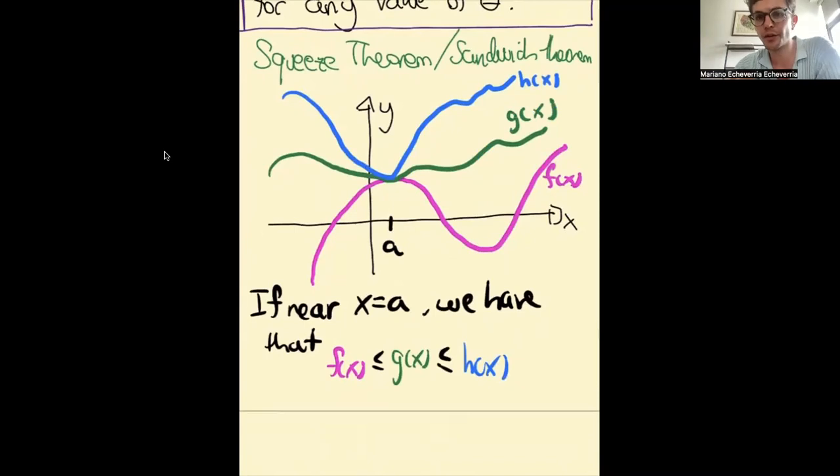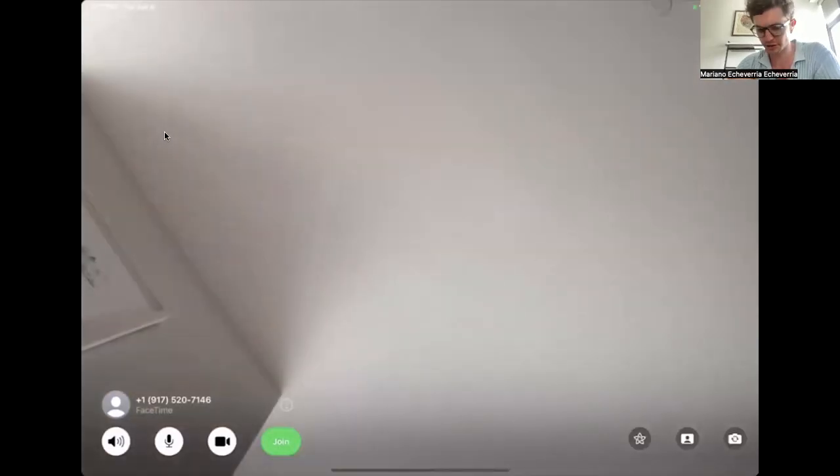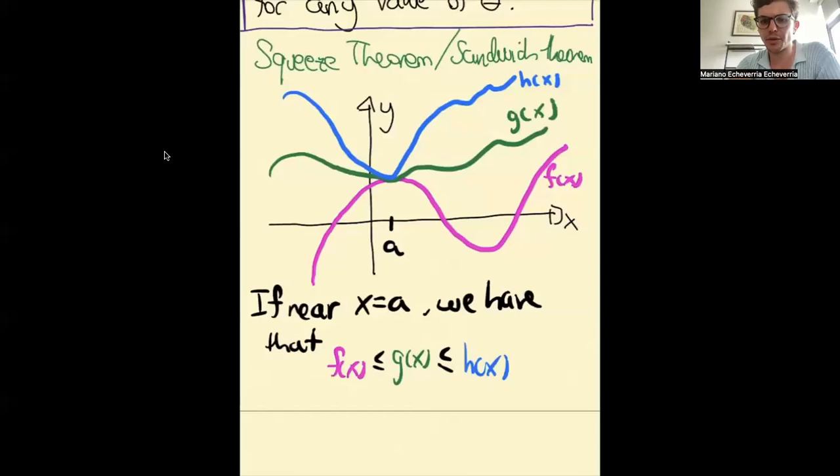This is why it's called the sandwich theorem, or the squeeze theorem, because you know that near this point, the function g is squeezed between these two.